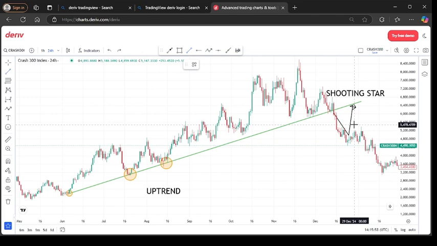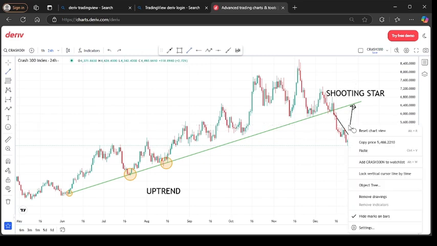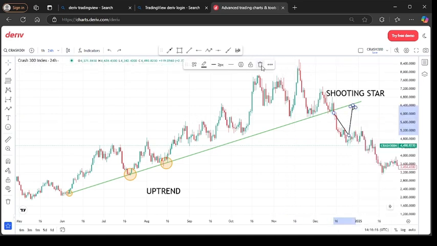Another important thing you need to take note of is that sometimes there are fake outs that occur. Sometimes you might think that price has broken the trend line.